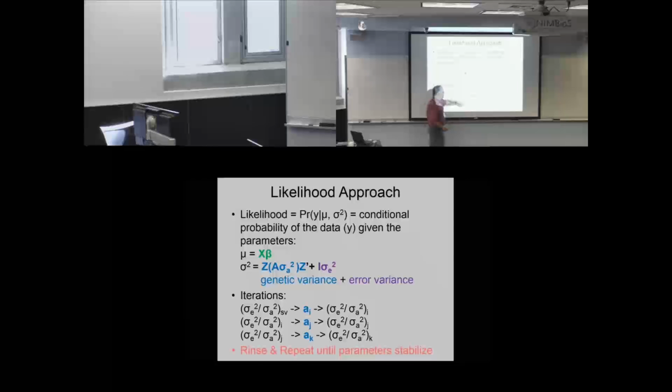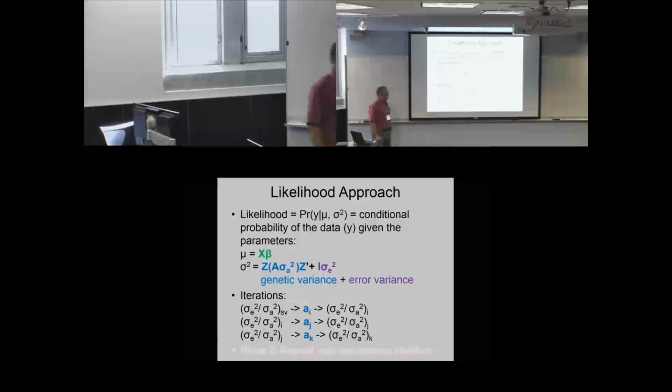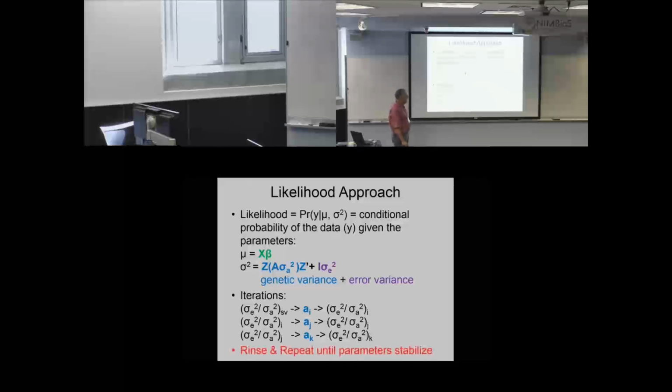The individual A's are not the parameters that are being used. So they're sort of expected values conditional on the current values of the parameters. Yes. When you're doing likelihood inference, officially you're searching for parameters, although here your interest is also in individual breeding values. Exactly.